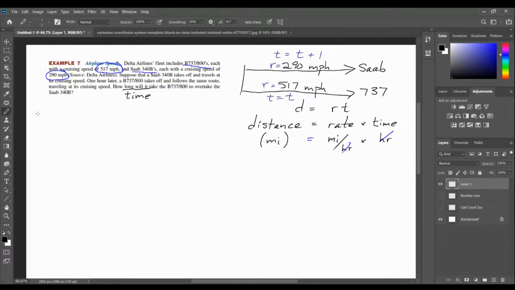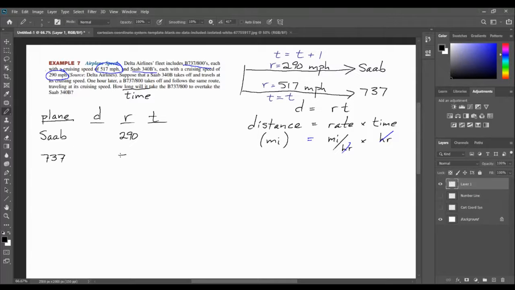It's not a bad idea to create a table or draw a figure when you've got an application problem like this. So a good table might look like this. We've got our plane, we've got some distance, we've got some rate, we've got some time. The Saab is one of those planes, and the 737 is the other. The rate of the Saab is 290.